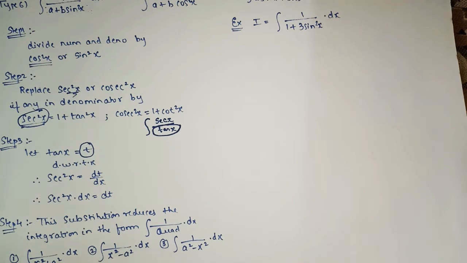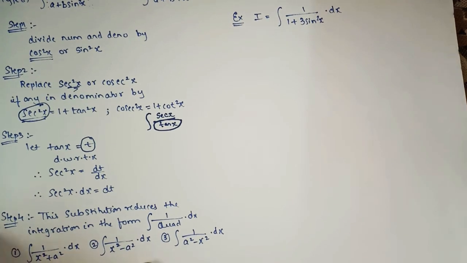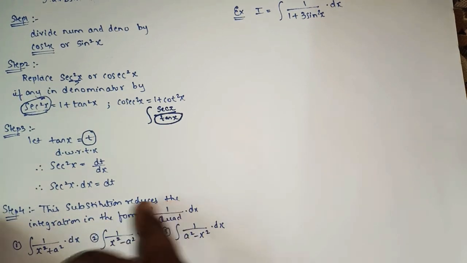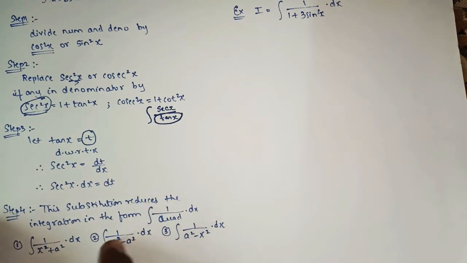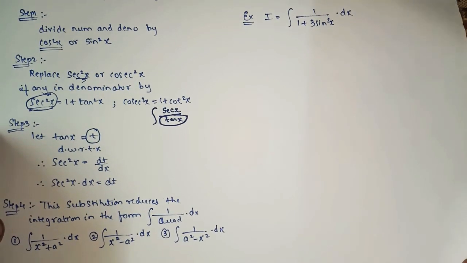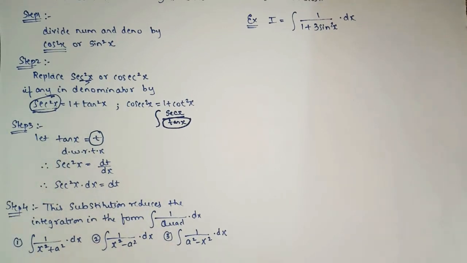Then after that, step number 4 says that after substituting, the substitution reduces the integration to the form of 1 upon quadratic. So here also in type number 6, it is clearly mentioned that it will get converted into integration 1 upon quadratic form, and we know how to solve 1 upon quadratic.